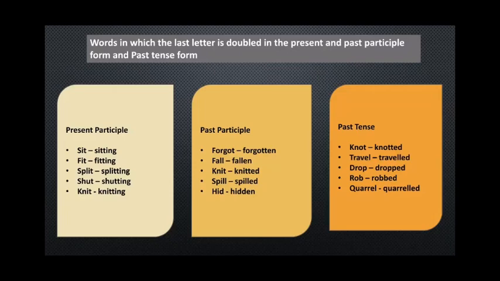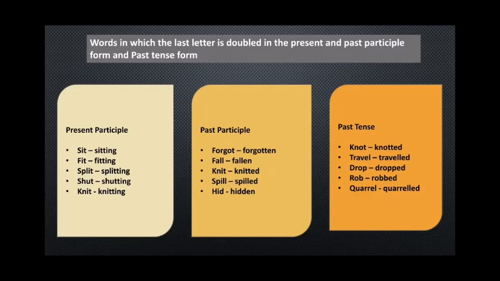In the same way, we have many other words like fit, fitting, split, splitting, shut, shutting, knit, knitting. So, remember children, you need to double the last letter. When we use sit, the T should be doubled.